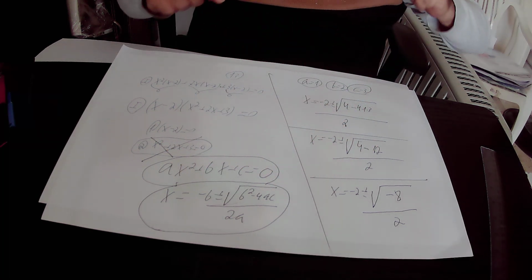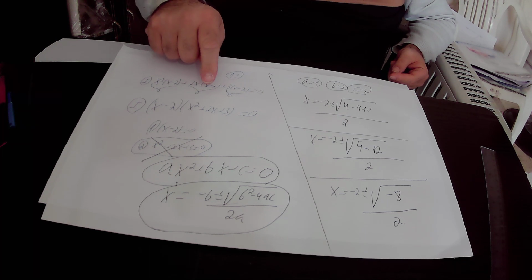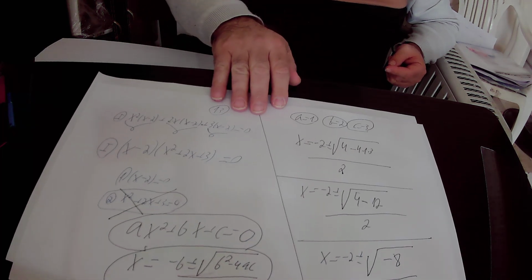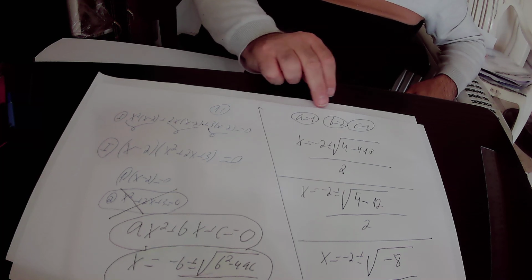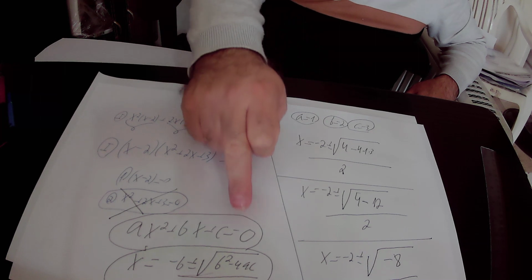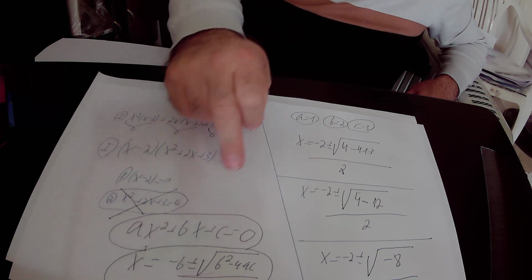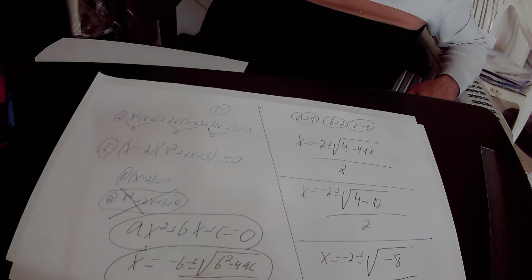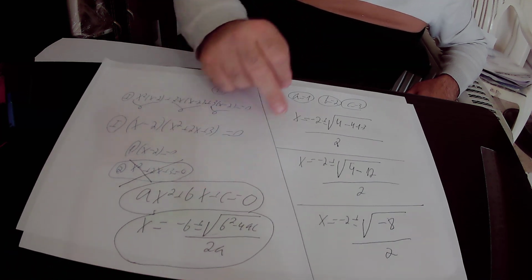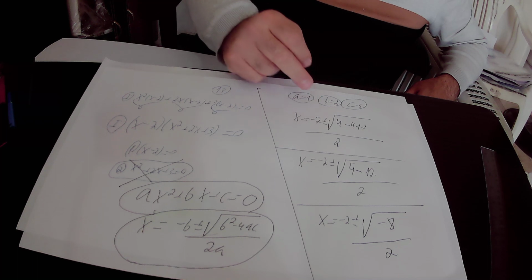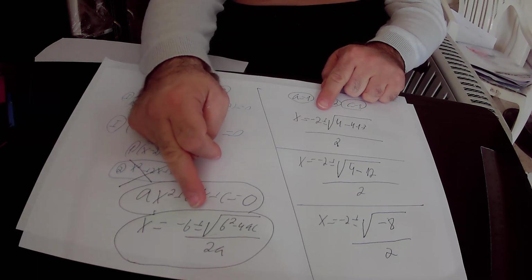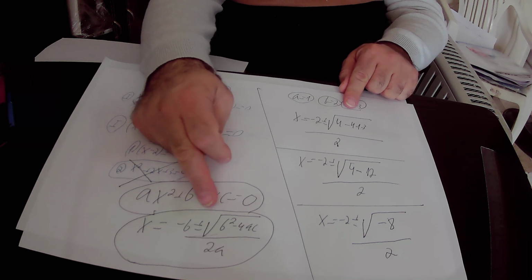In our specific quadratic equation, x squared plus 2x plus 3 equals 0, the coefficients are a equals 1, b equals 2, and c equals 3. We put the data inside this formula. Minus b is minus 2, plus or minus the square root of b squared.